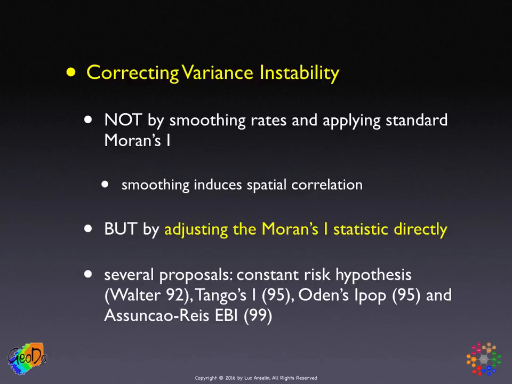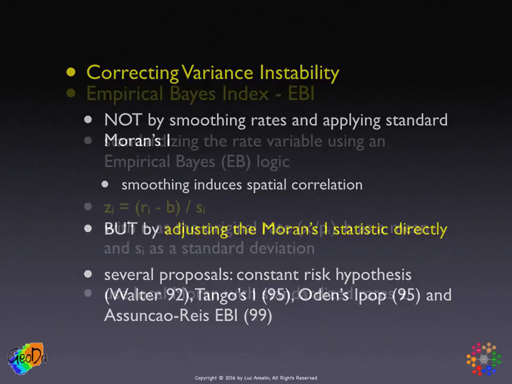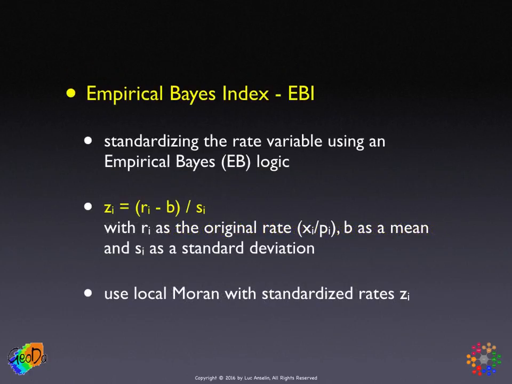The approach that we'll discuss here is due to Assunção and Reis, and it's a fairly simple approach in that rather than smoothing the rates and then using those, you standardize them directly, but you use an empirical Bayes or EB logic.